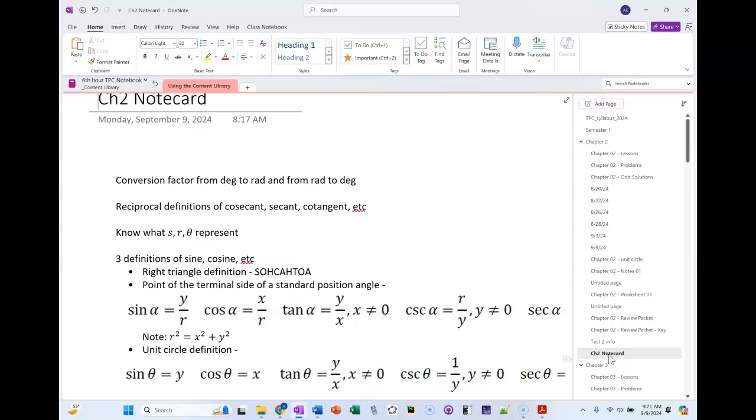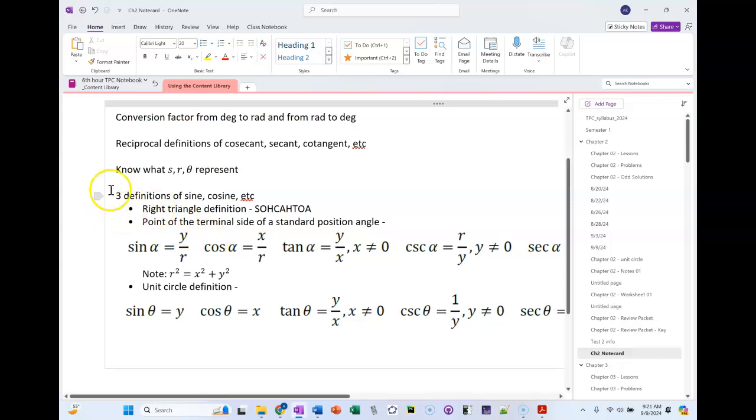Maybe our reciprocal definitions for cosecant, secant, and cotangent, like which one is 1 over sine, which one is 1 over cosine. The arc length formula, but specifically knowing what S, r, and theta represent. It seemed like on the homework quizzes that was a little bit shaky for some of us. Although we had the formula there, we didn't know what to plug into where.